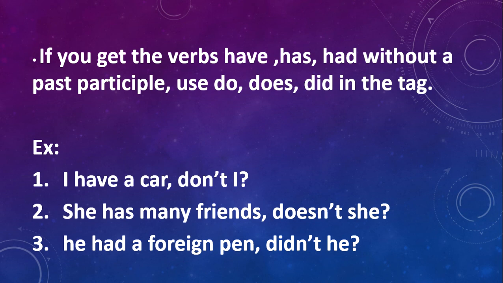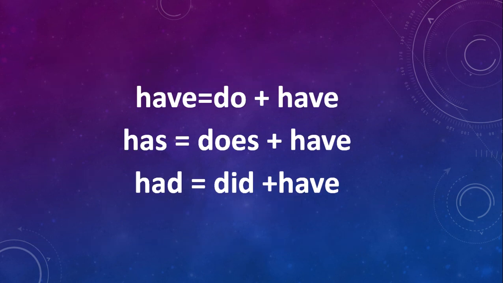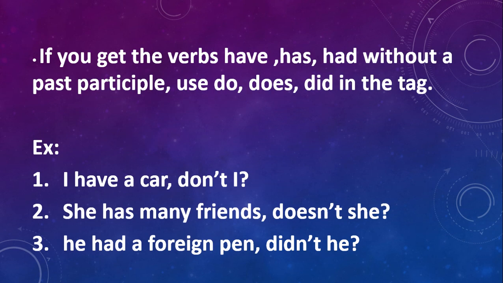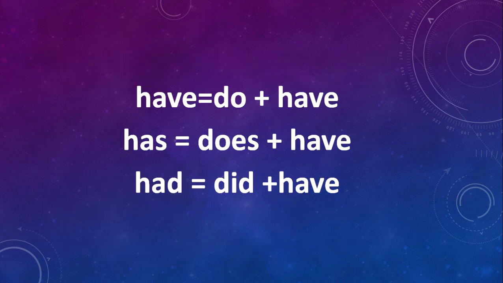She has many friends. What is the rule for has? Has is equal to does plus have. So in this case you have to use does. And the sentence is positive. You have to apply a negative short form n apostrophe t and then followed by the pronoun she. Doesn't she? The next one. He had a foreign pen. What is the rule for had? Did plus have.